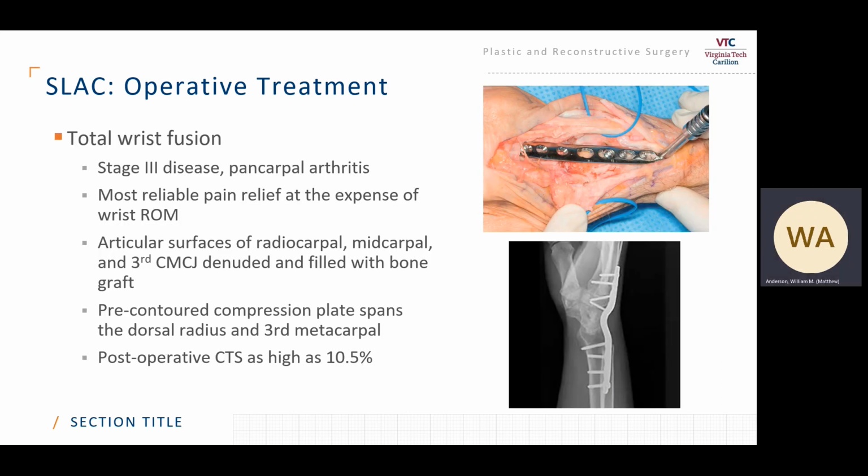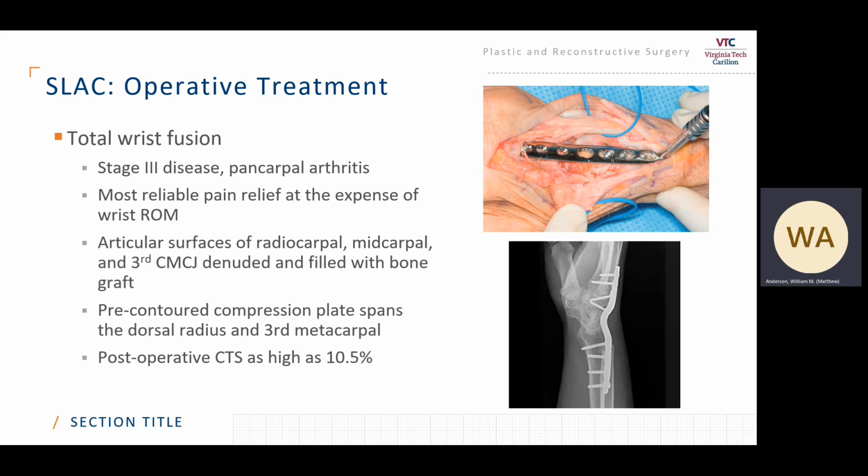Total wrist fusion is indicated in stage 3 SLAC wrist, pancarpal arthritis, and also as a salvage procedure. It is the most reliable pain relief, but obviously at the expense of wrist range of motion. In the procedure, the articular surfaces of the radiocarpal, midcarpal, and the third CMC joint are denuded and filled with autologous bone graft.